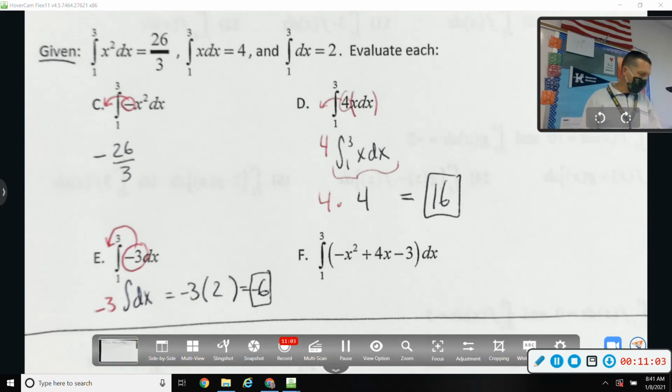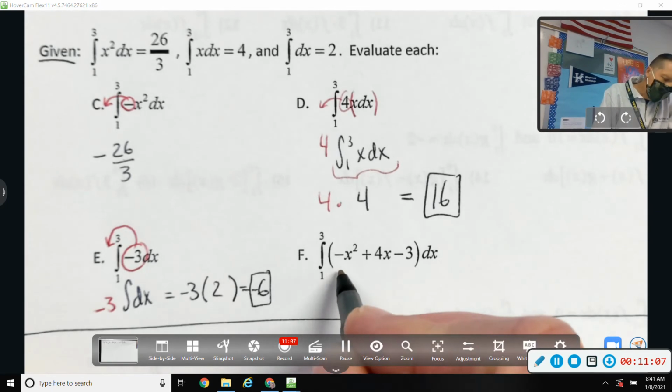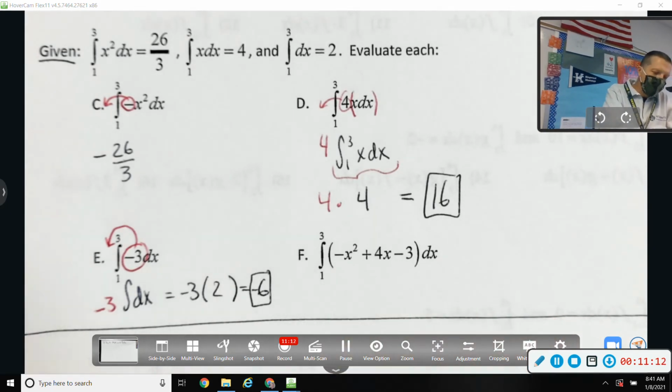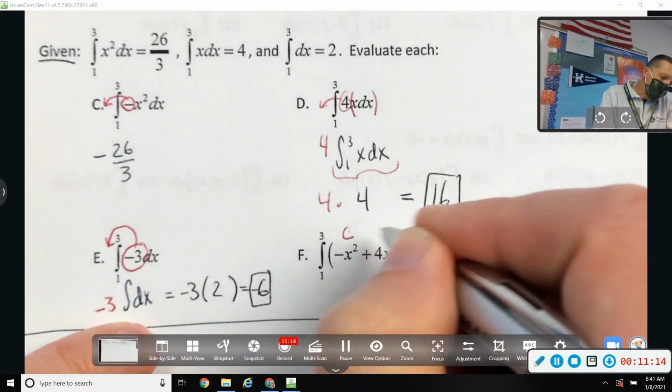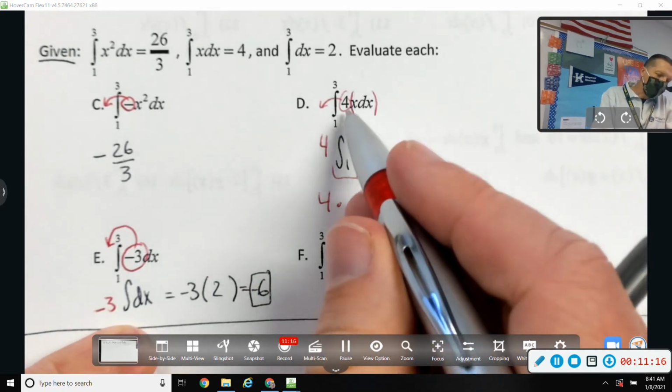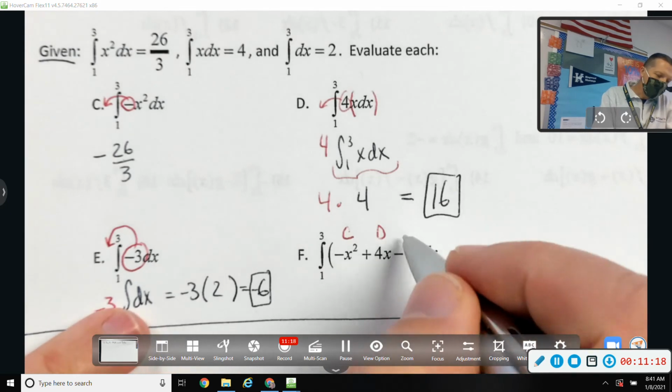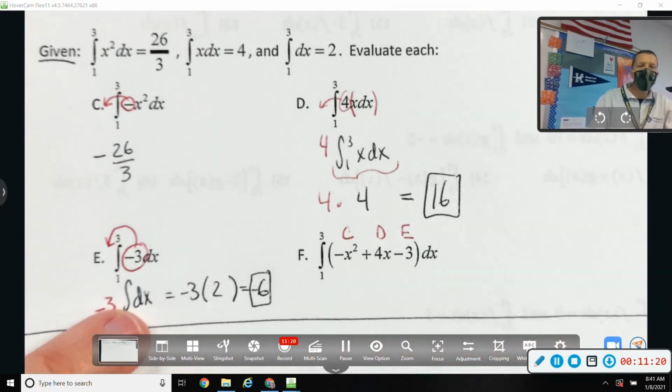Let's see, part F kind of puts them all together. Let's see, negative x squared. And by the way, if you're really paying attention, the first one is problem C, the second one's problem D, and the third one's problem E. So we've already done all the pieces to this. I don't know how many times I worked this worksheet before I realized that.